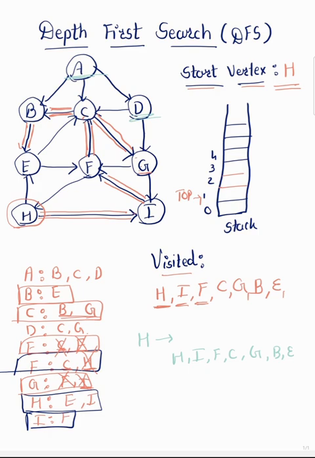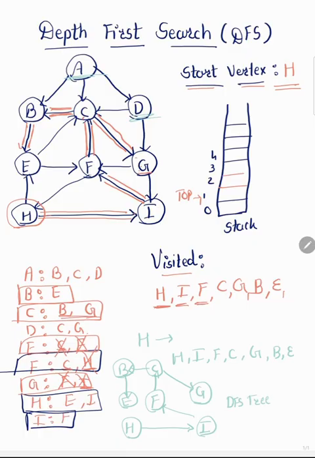If someone asks what would be the DFS tree, the DFS tree would be: from H you go towards I, from I towards F, from F towards C, from C towards G. Again you backtrack, from C you go towards B, and from B you go towards E. So this is your DFS tree.